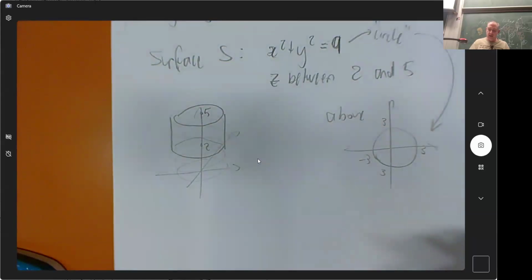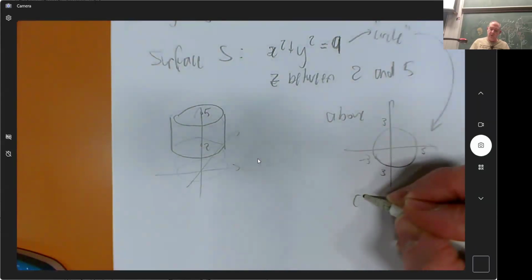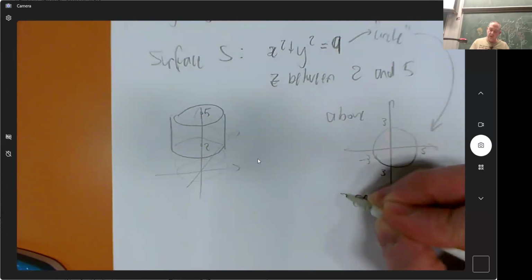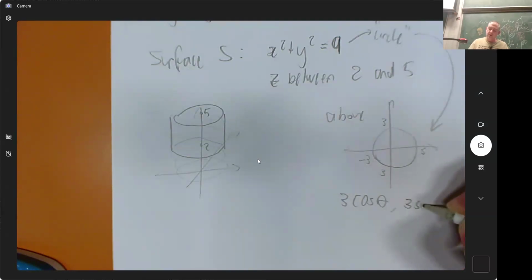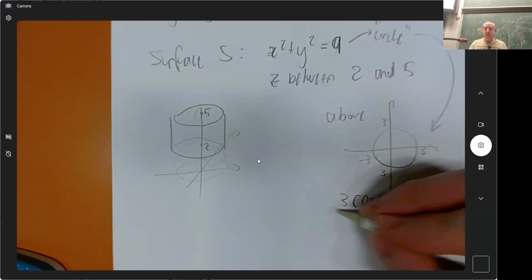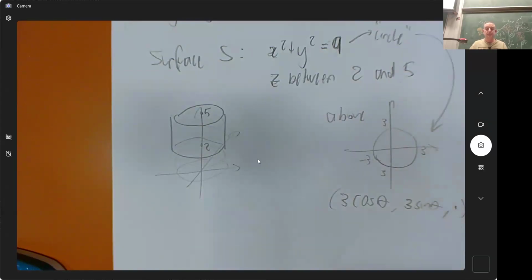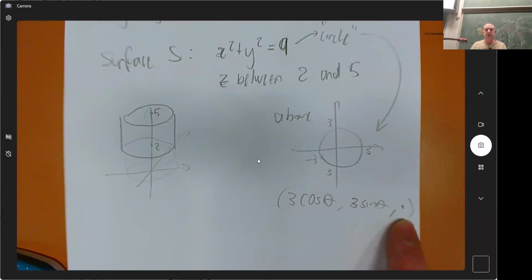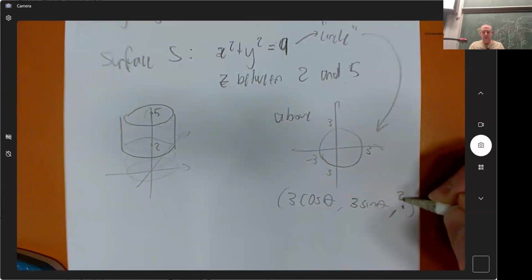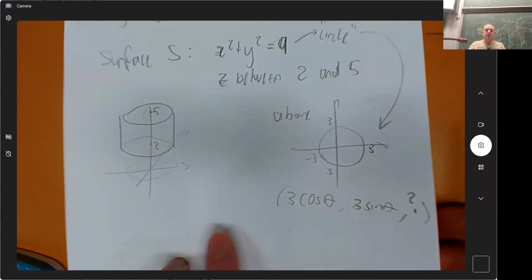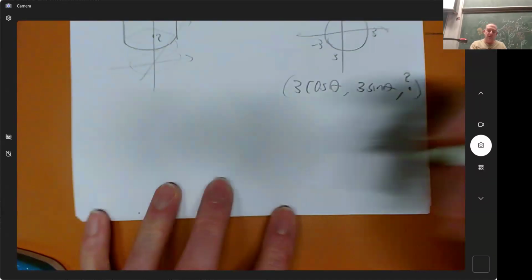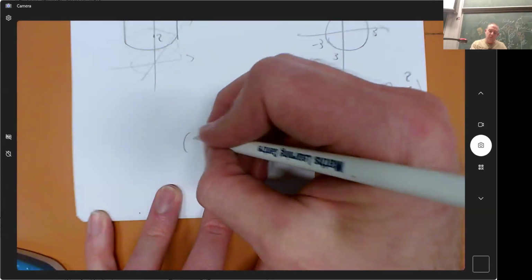I can say that this would be 3 cos theta, 3 sine theta, but that's only the x and y coordinates. I'm just going to leave space here. And actually the z coordinate can be whatever you want.